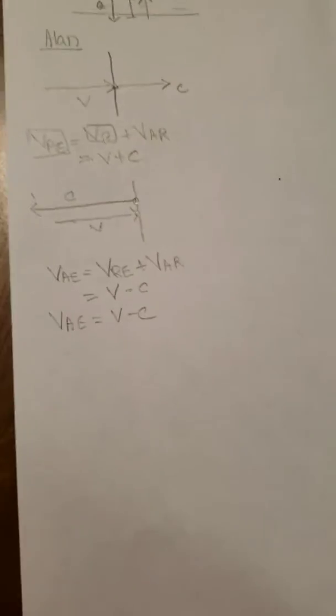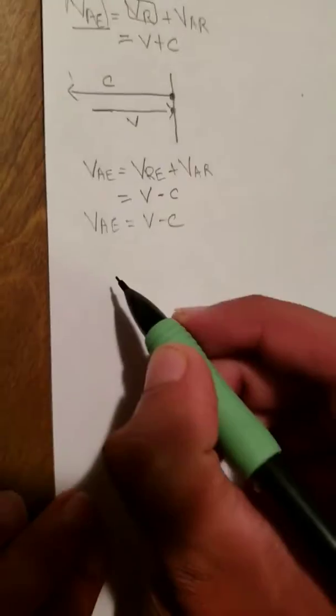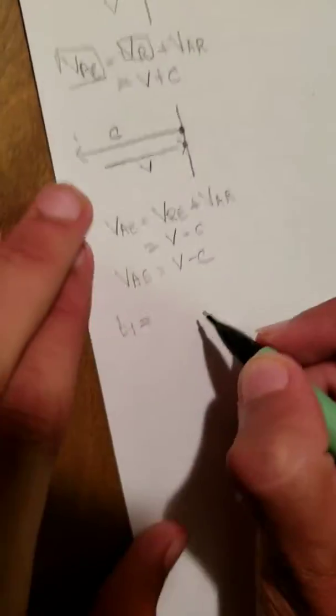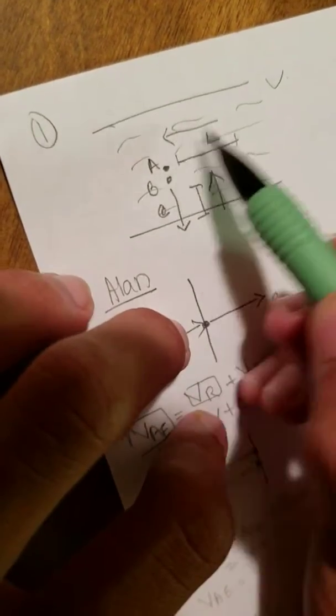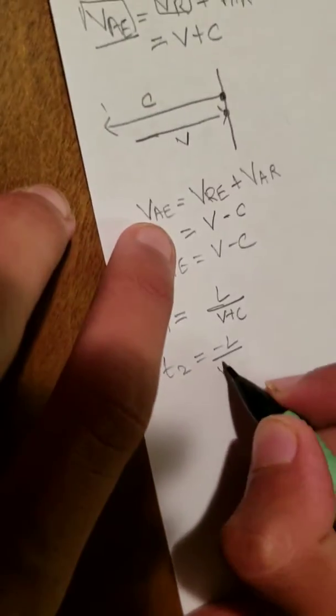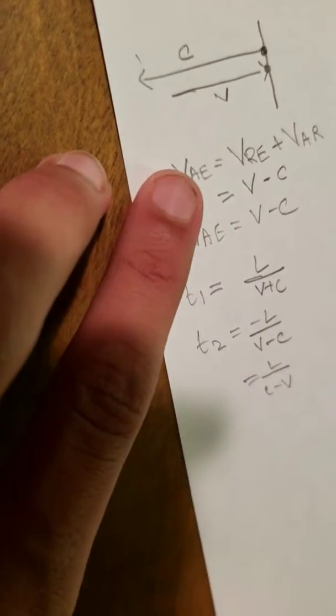To find the total time she takes to travel this distance, all we have to do now is divide the distance. So t1, during the first part of her motion to the right, is going to be L divided by v plus c, and t2 is going to be the time for her second part of the motion when she's coming back. That's going to be negative L over v minus c, which is the same thing as L over c minus v.